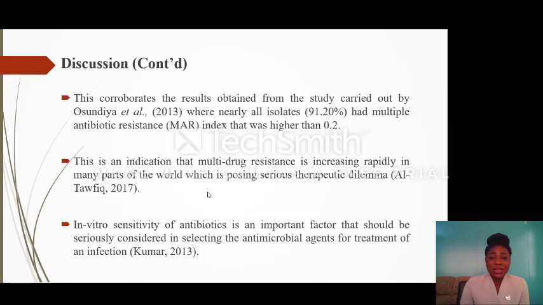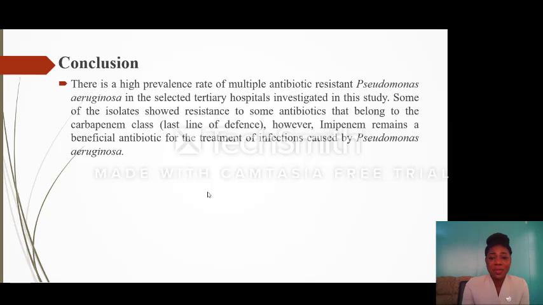In vitro sensitivity of antibiotics is an important factor that should be seriously considered in selecting the antimicrobial agents for treating infections. This is as stated by Kuma, 2013. In conclusion, there is a high prevalence rate of multiple antibiotic resistant Pseudomonas aeruginosa in the selected tertiary hospitals investigated in the study.